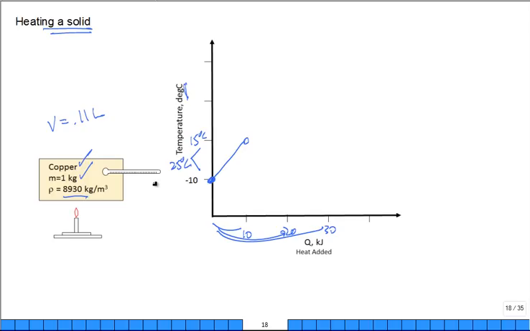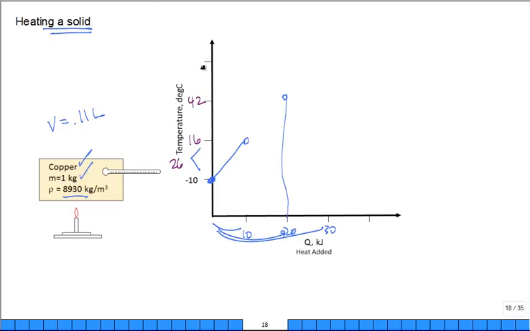Would it melt? No, it's only 15. It started really cold. I pump in another 10 and the temperature jumps up to 40, 45 or so. Actually, to be more precise, it was a 26 degree temperature rise, so it ended at 16. Then another 26, it ends at 42.